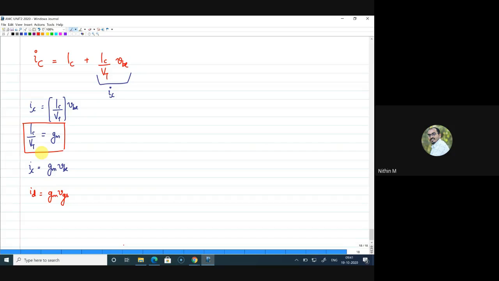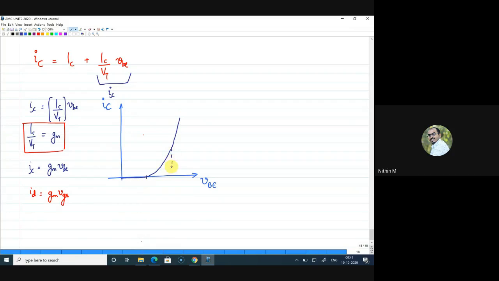Let me look at the characteristics. This is the composite voltage vBE, and this is the composite collector current iC, right? Now if you look at this curve, till the cut-in voltage there will not be any current because it is a forward-biased PN junction, but after that you will have a current.